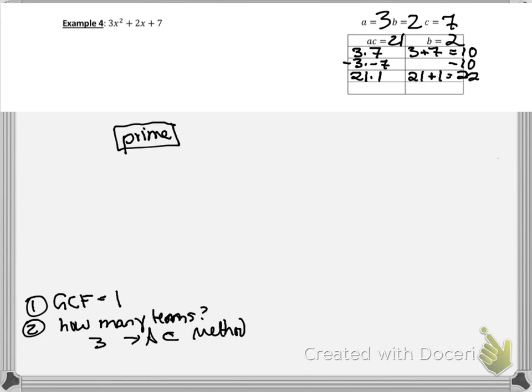Later, we're going to use the quadratic formula, which you for sure get to in Math 083, and then we will learn how to find what are called irrational roots in our quadratics.